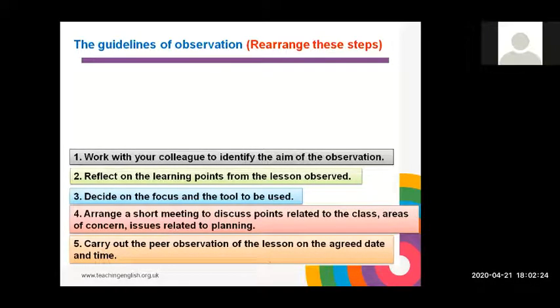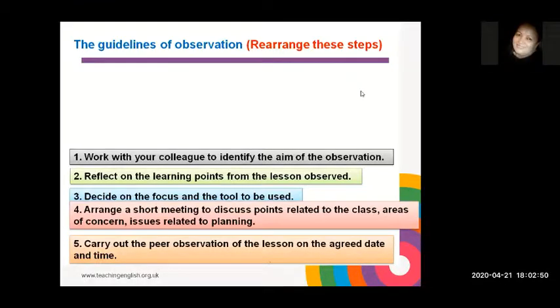Okay. Any other points of view? 4, 3, 1, 5, 2. 4, 3, 1, 2, 5. Some of you get very close to the correct answer.